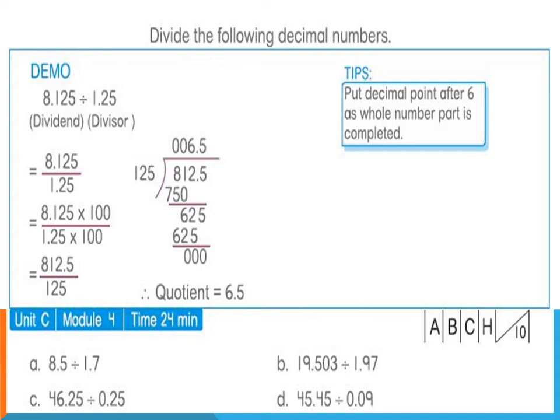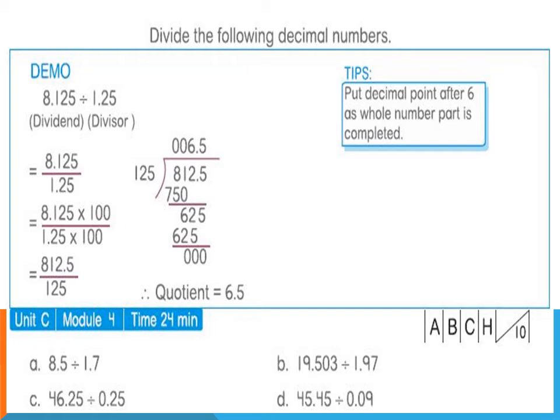I'm not going into the details of how to divide, because division is something that you have learned long back. So let's skip that part and concentrate on how to convert the divisor into a whole number. First of all, write the expression in the fractional form. How many digits are there after the decimal point in the denominator?